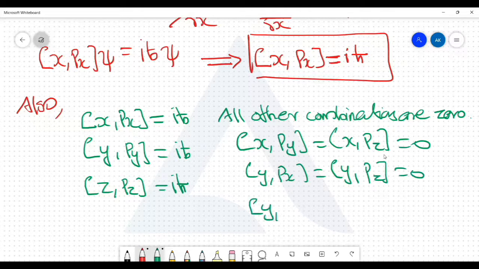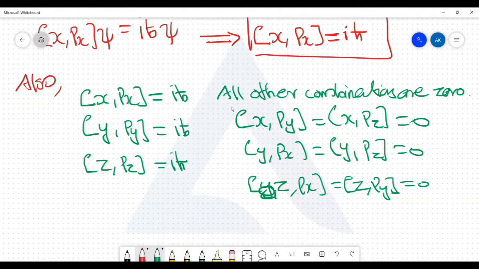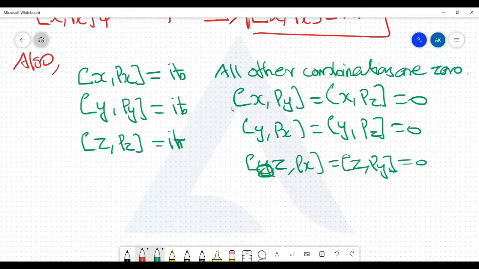And [z,px] and [z,py] are also 0. Okay, that's it.